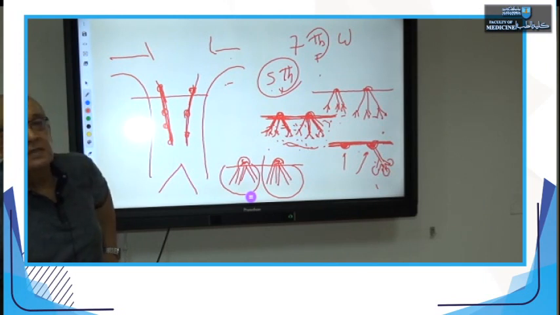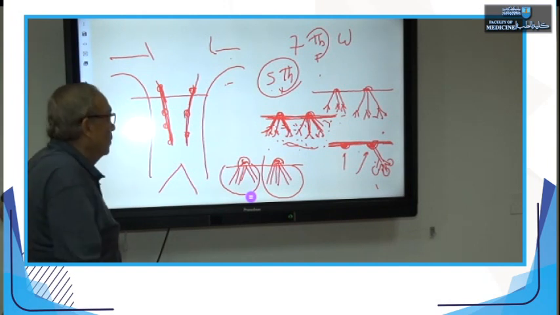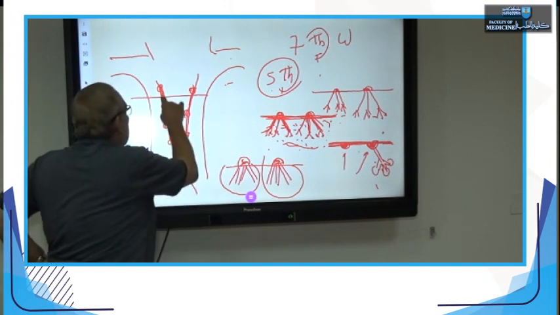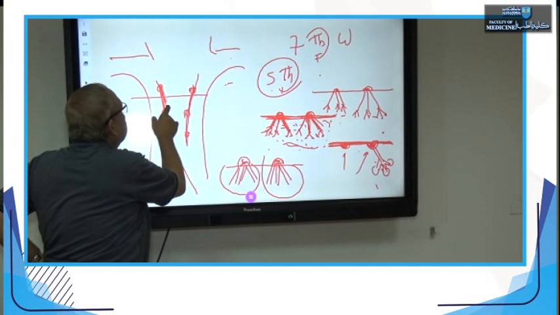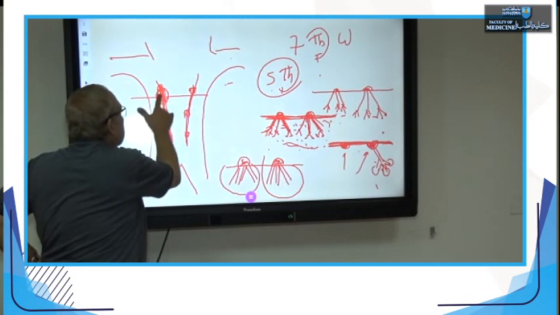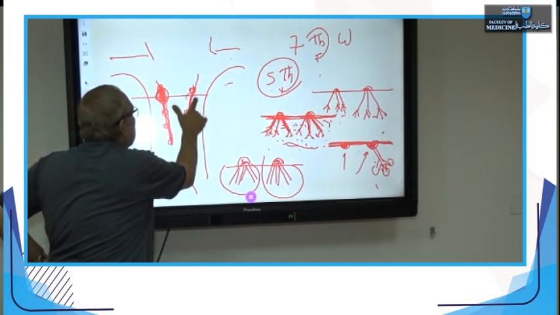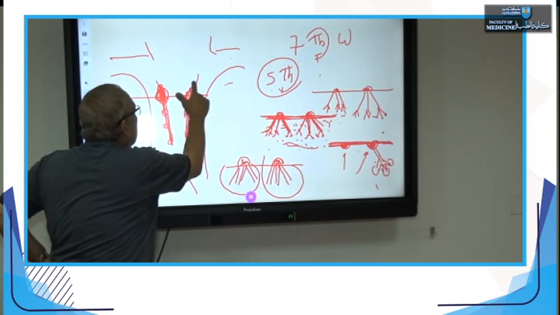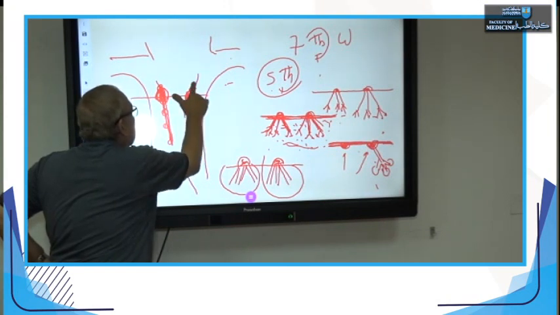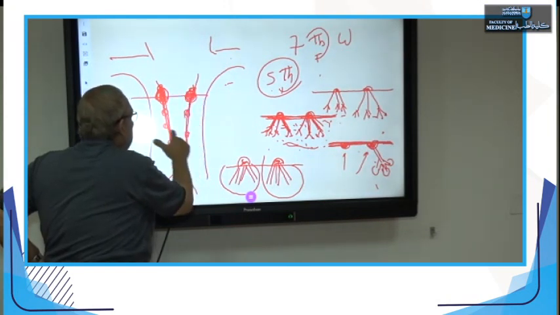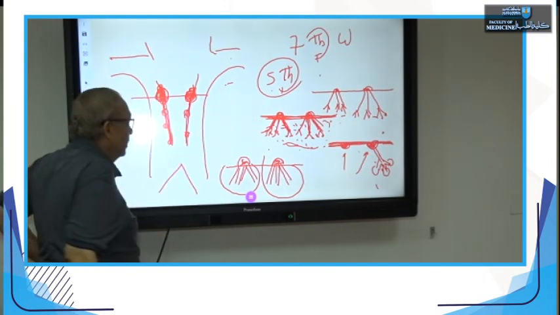Polymastia means that there are many mammary glands. Or a breast will develop in this site, for example, but we will have more nipples along this mammary line.